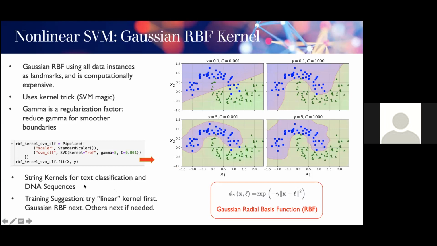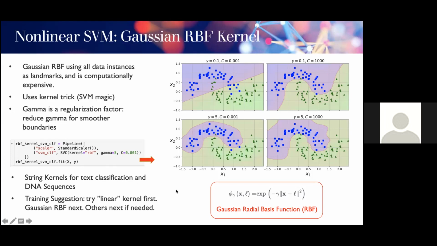But the interesting thing here is, for kernels, since you are calculating the distance between the points, you don't have to have numeric data. So you can take text and create the kernel distance between those two. And then you can also have DNA sequences.